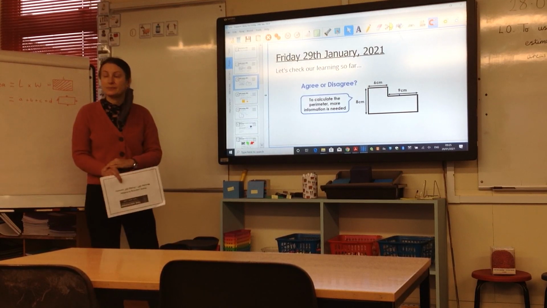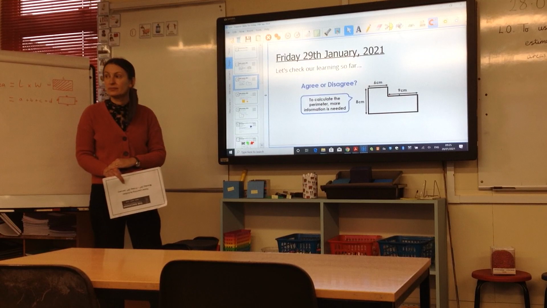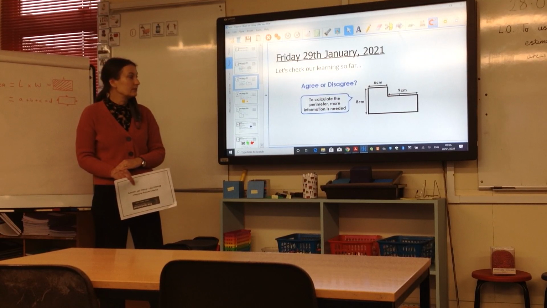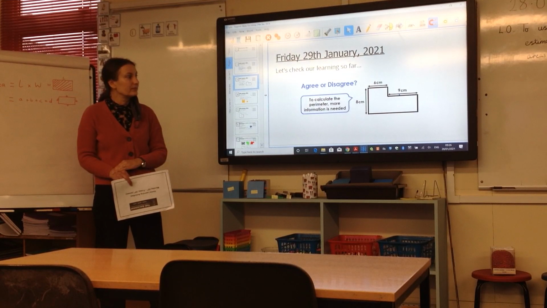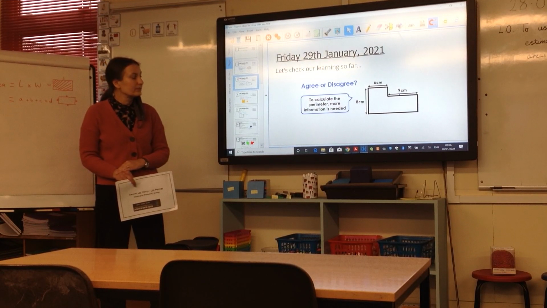Yes, I agree, because you could split it into 2 different rectangles by drawing a vertical line going from the edge of the 6 centimetres. But in order to find the perimeter, you need to find the length of the furthest side that way.